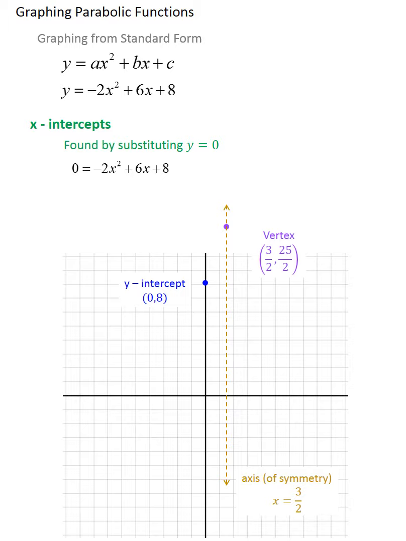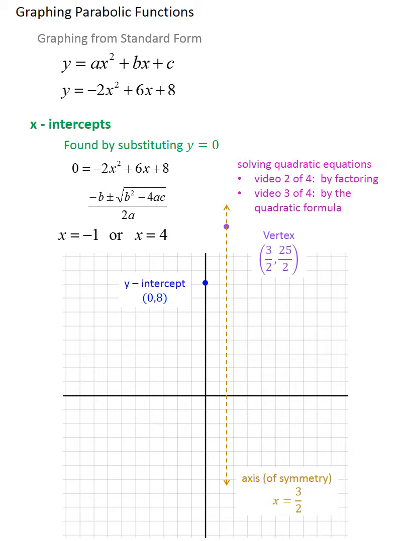You may have experience in this matter, and if so, you know about the quadratic formula, which I used to solve this equation. Now, I didn't show the work in this video, but I did get -1 or 4 as my solutions. If you're not comfortable with the quadratic formula, you can go to my video series on solving quadratic equations.